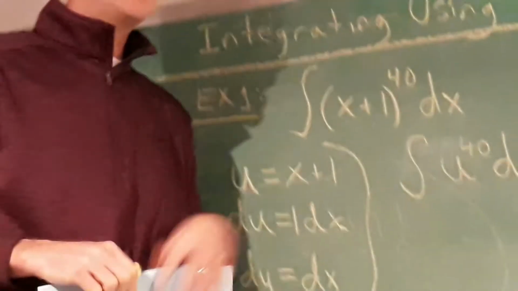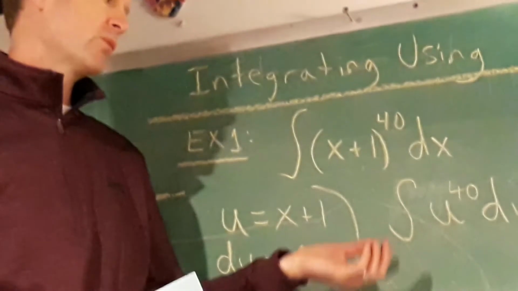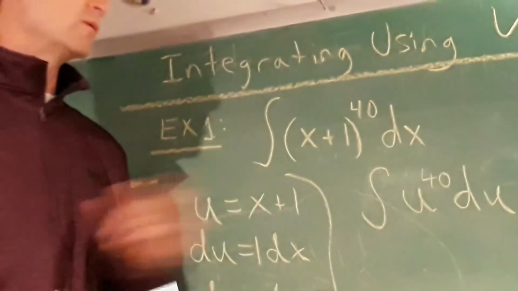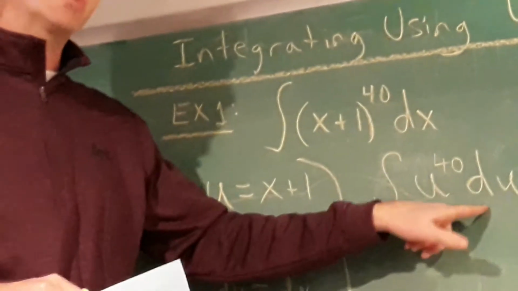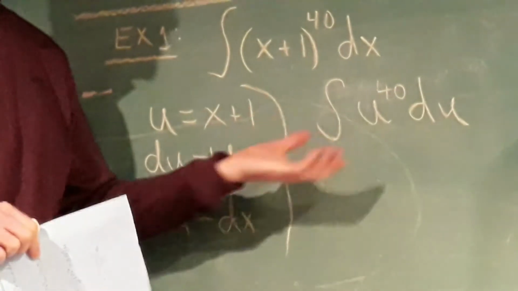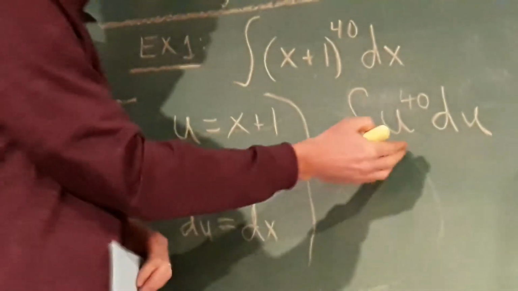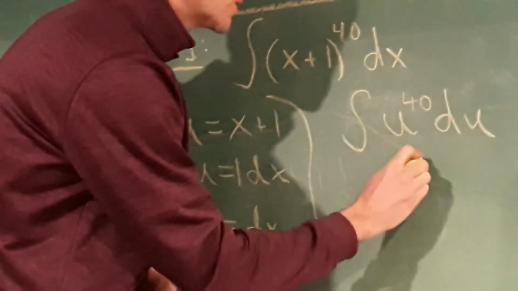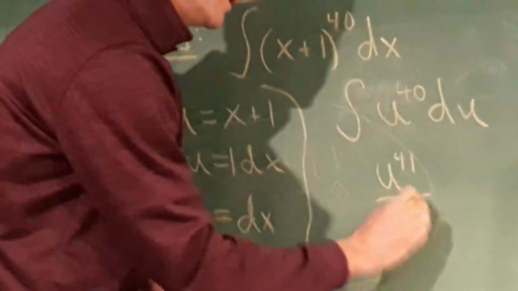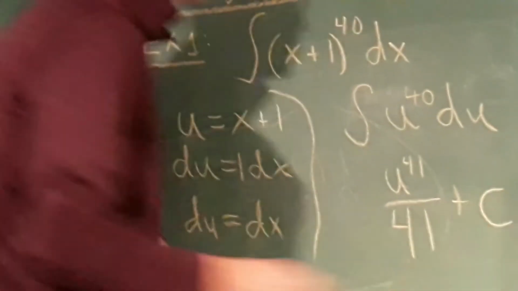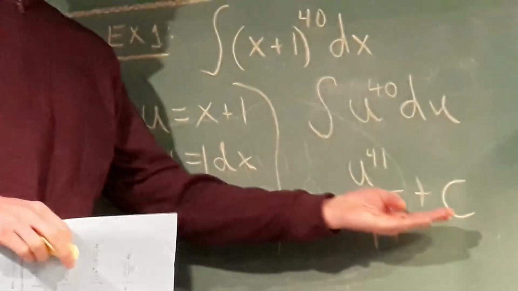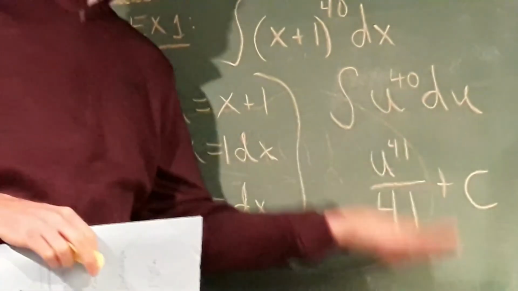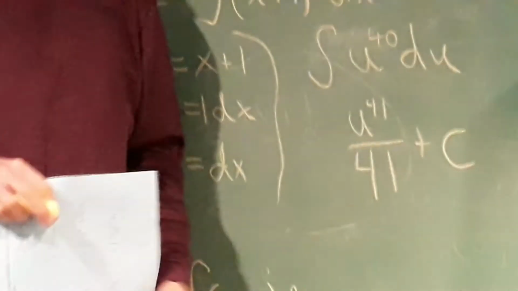Now that I've defined a u and I've filled in du, I'm going to integrate this in terms of u. Remember, du means in terms of u when you do antiderivatives. I know that when I integrate u to the 40th, it's going to be u to the 41st over 41 plus a constant. Remember, we knew that we had to have a constant because we don't know what it is; it could be plus 1, plus 2, minus 5, minus your favorite number.